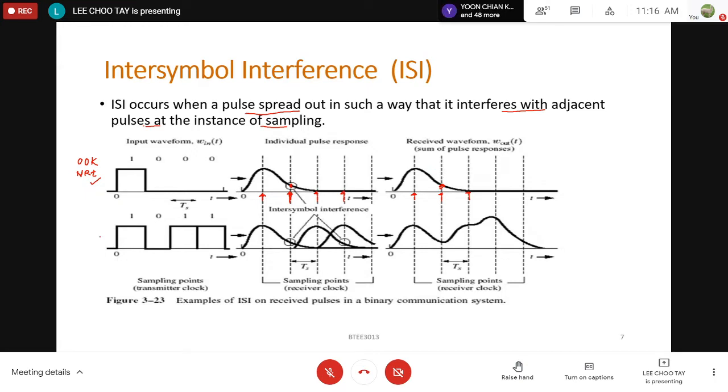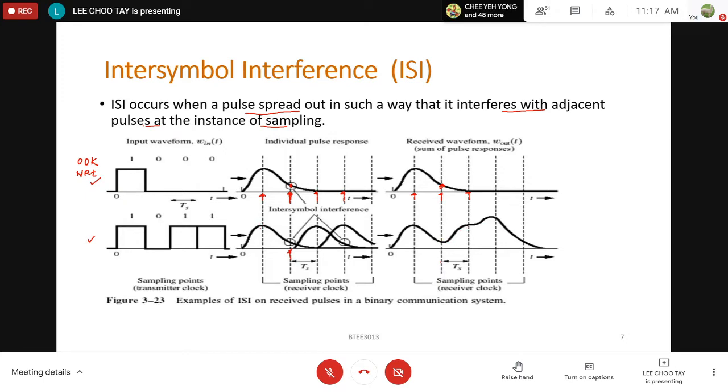Let's look at another set of data here. Here we have binary data 1011. Each pulse that represents a 1, again due to the smearing effect, you'll see that at the instant of sampling over here, due to overlapping, because of ISI, the overlapping effect will cause the receiver to see the incoming waveform as this.